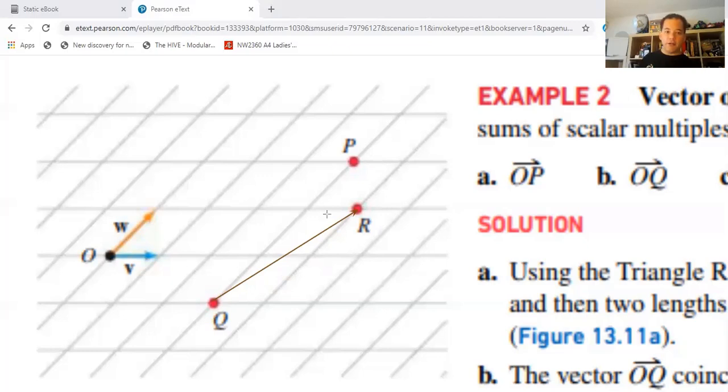We use the blue one once from here to here. And then we use the one parallel to the orange, 2W, but twice as big to get here. So the answer to QR is we go 1V and 2W. Okay? Questions?